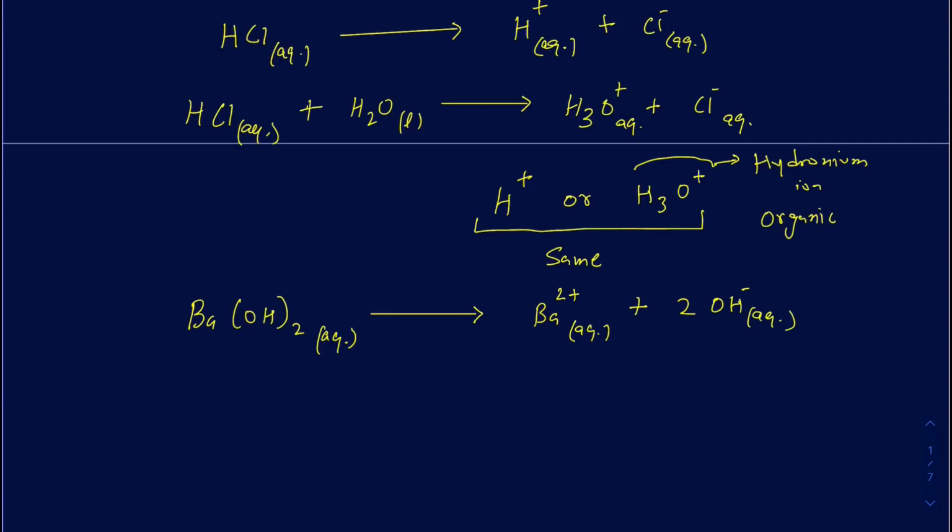That means if I have 1 molar barium hydroxide in the beginning, you lose all of that and make 1 molar barium 2 plus and 2 molar hydroxide, because it's a 1 to 2 mole ratio. If you lose 1 mole of barium hydroxide, you produce 2 moles of hydroxide.